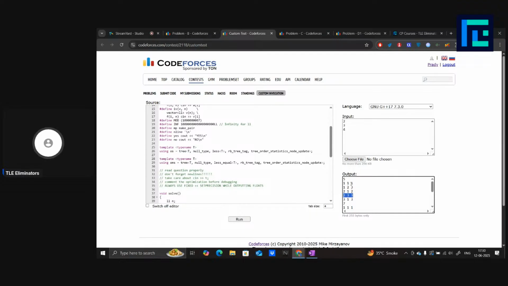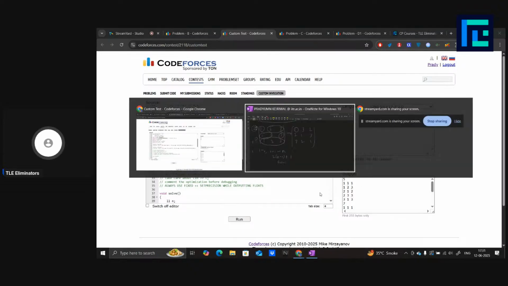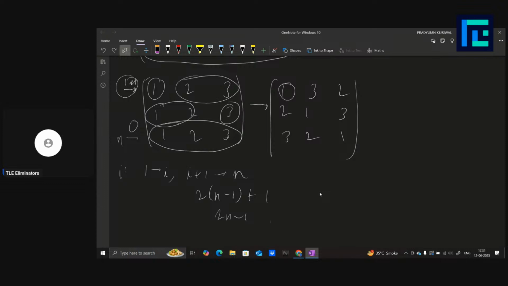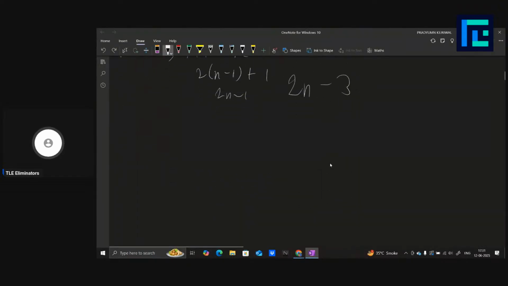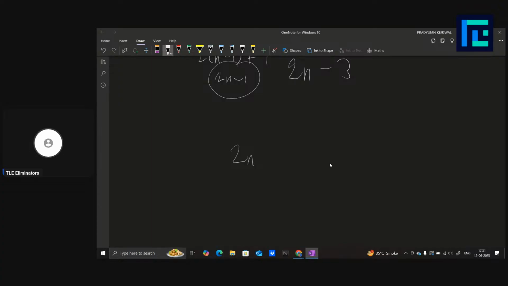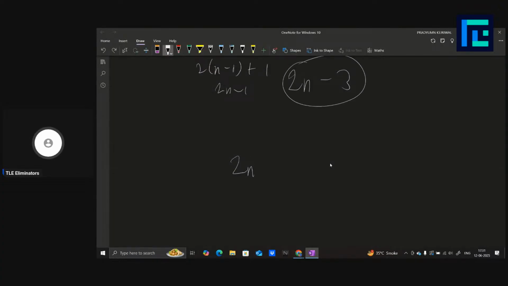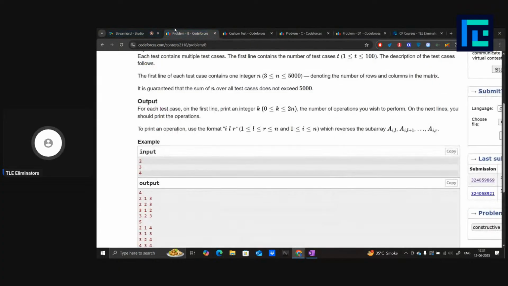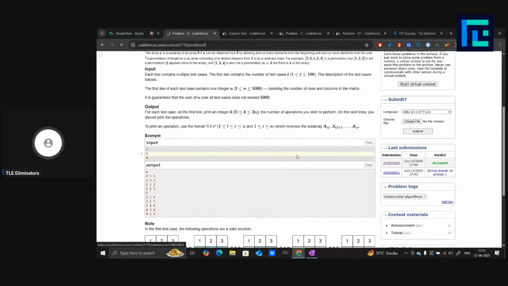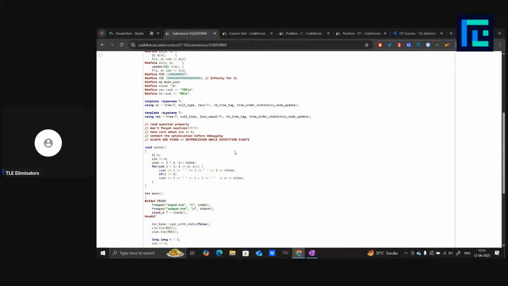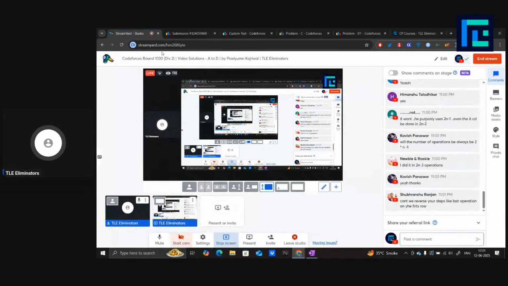So you can skip these two operations, and it can be done in 2n minus 3 operations. But they asked at most 2n, so you can do any number of operations up to 2n. So I just printed 2n minus 1 operations, because printing 2n minus 3 takes more code. Printing 2n minus 1 operations is less code, right?